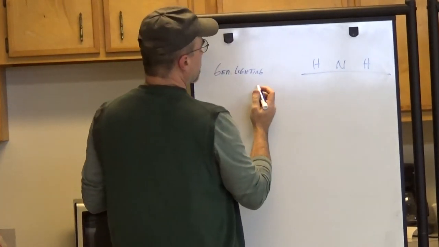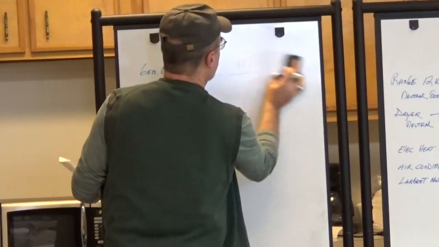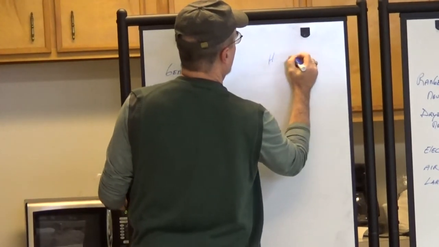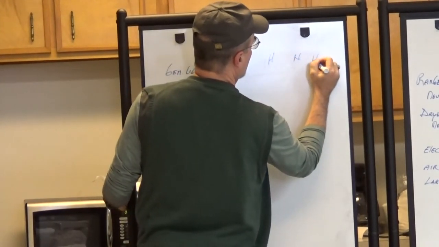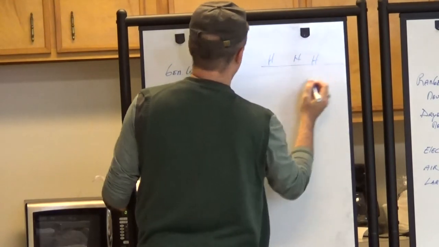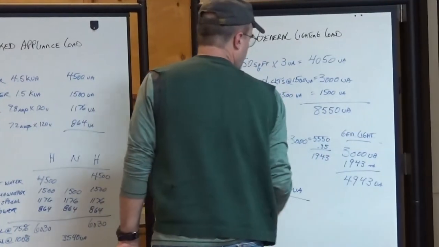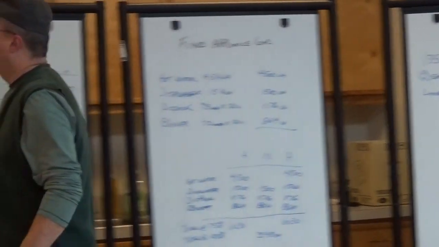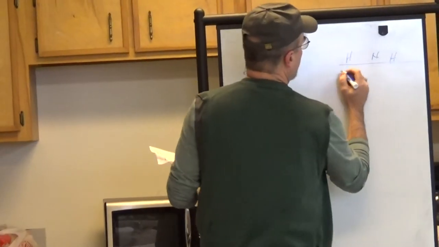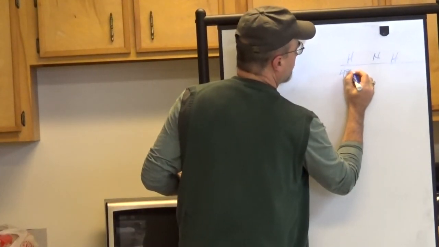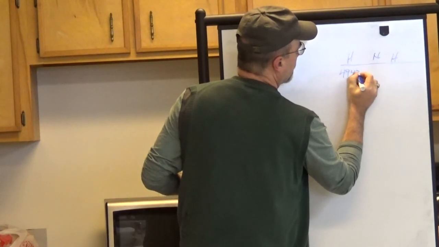So general lighting is going to be what? General lighting, we have 4,943 VA. And that's going to be on the hots and neutral. 4,943.